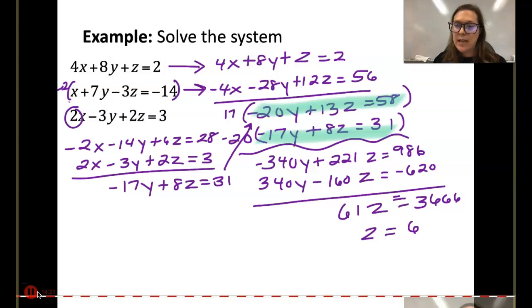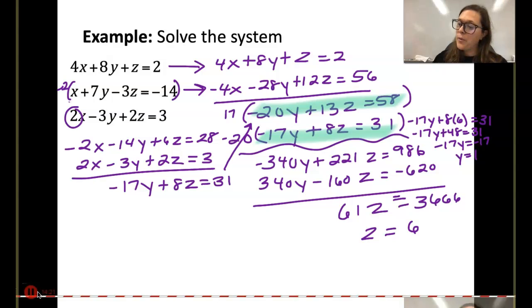So let's do -17y plus 8 times 6 equals 31. 8 times 6 is 48. So -17y plus 48 is equal to 31. 31 minus 48 is -17. So -17y equals -17. So y is equal to 1. All that work for a 1.